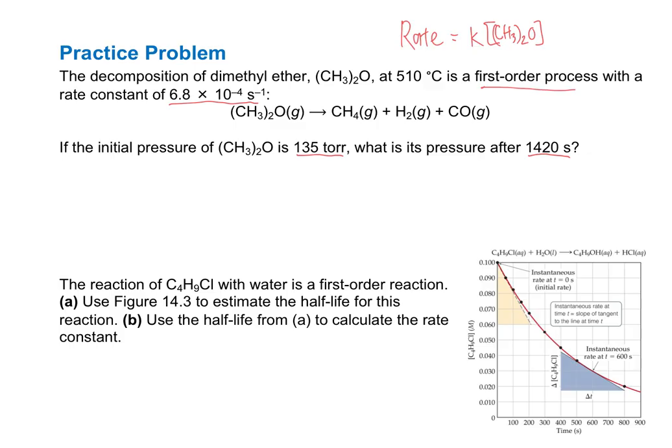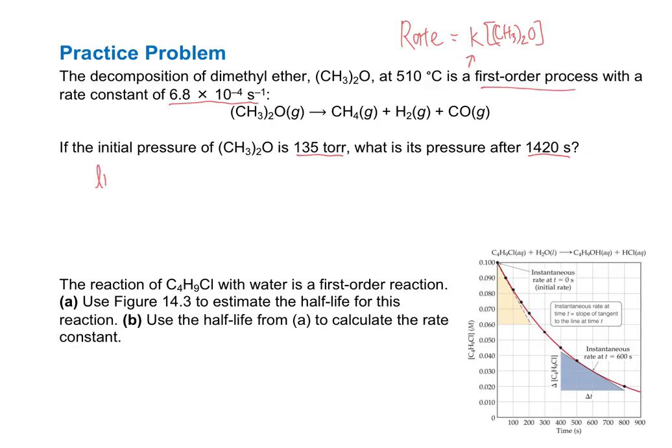So when I see all of that information, I'm not being asked for the rate at a certain concentration, but rather I'm trying to figure out what the pressure is later on, at some further time. The only equation that we have that involves time is the integrated rate law.